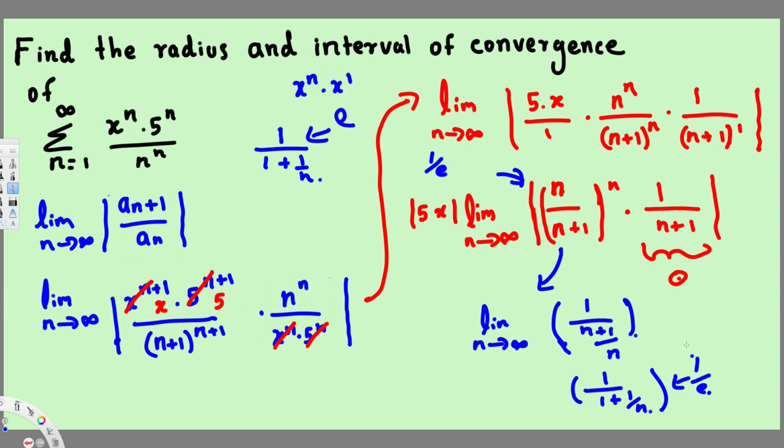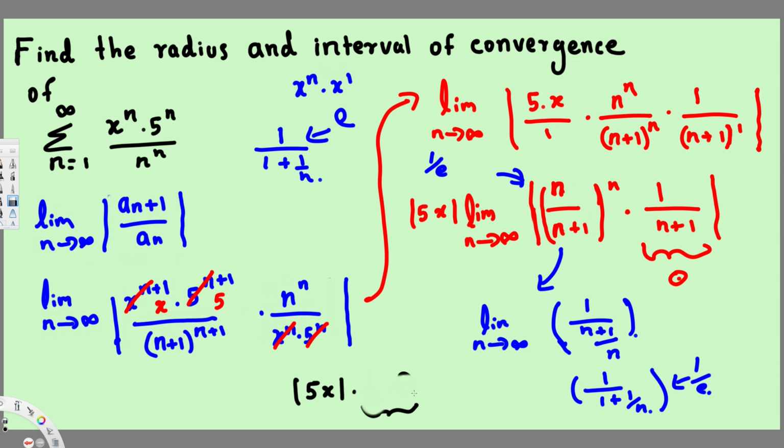Now we have 1 over e times 0. So the limit is going to be basically 0, because here we are going to have 5x times 1 over e times 0, right? So if you combine these two, this is going to be 0.